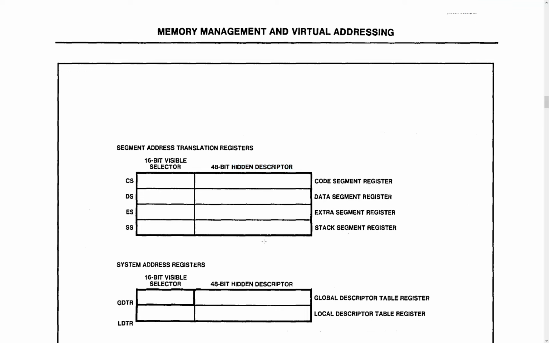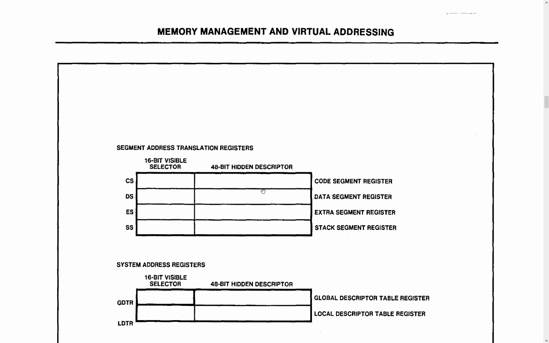This is how it looks in CPU. The register that we see and access with assembly instructions is this visible selector, 16-bit, but CPU also contains this hidden descriptor, so that CPU does not need to access descriptor table each time.